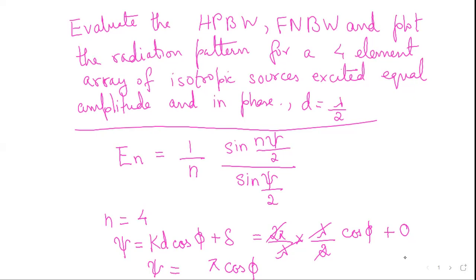Those of you who are waiting can go and write down the E normalized to be 1 upon 4 sine 4 into pi cos phi upon sine pi cos phi. You're getting what I'm saying? Write it if you have understood. Yes, ma'am, done.